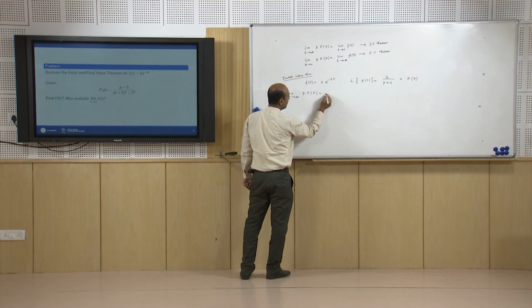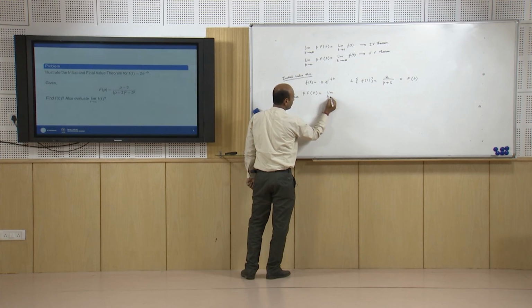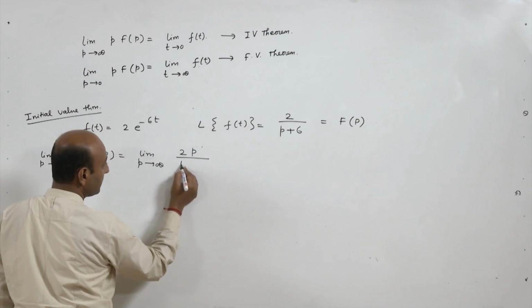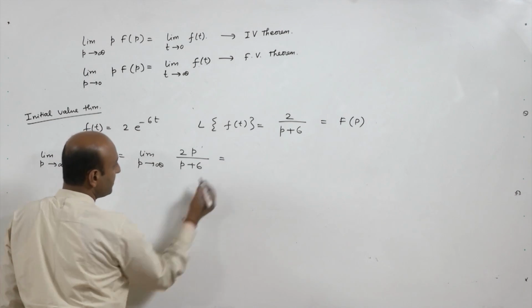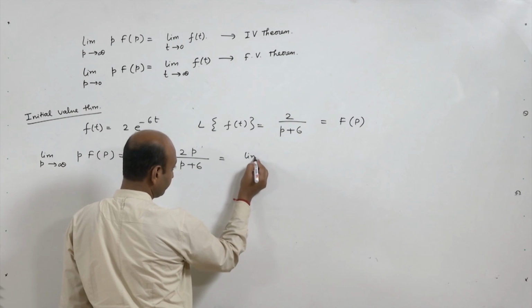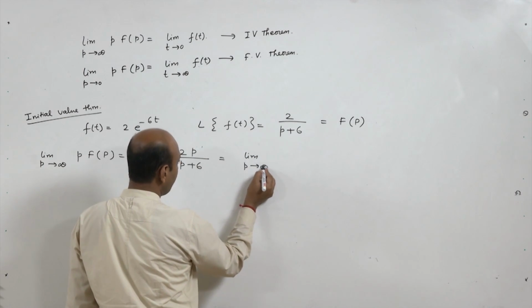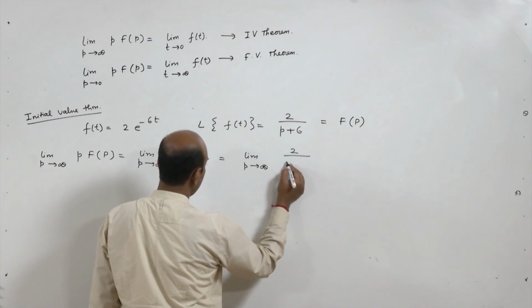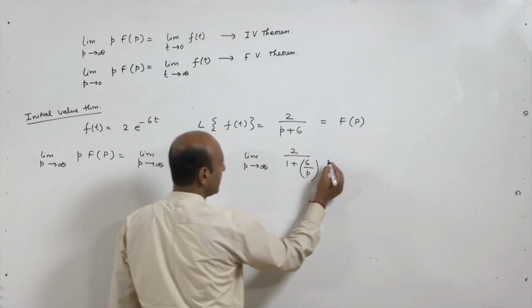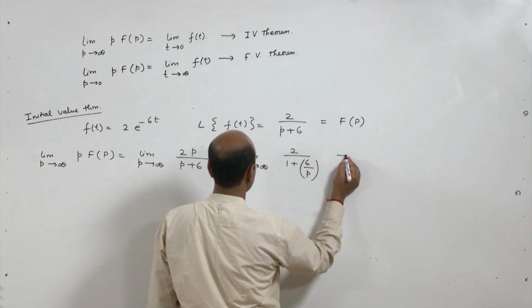So what is limit p tending to infinity p F(p)? p into F(p) is 2p upon p plus 6, and as p tends to infinity, you divide numerator and denominator by p, and this will tend to 2.